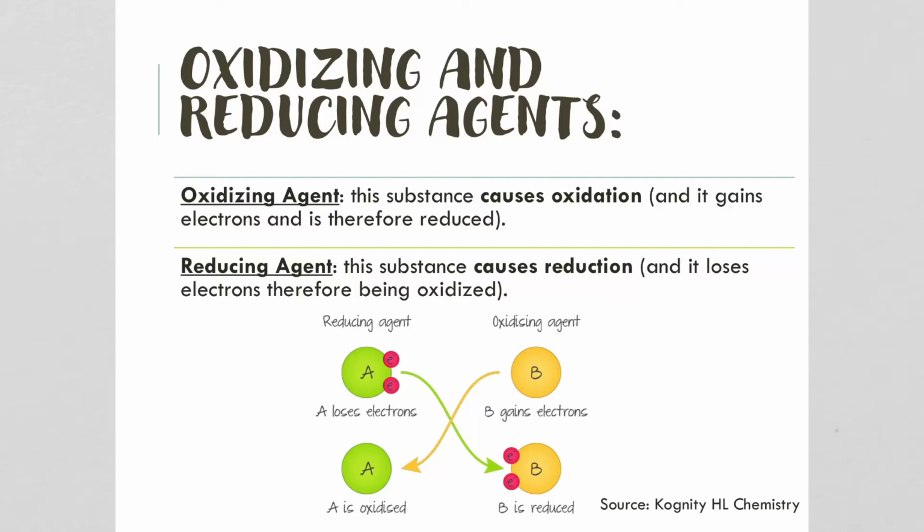So it's losing electrons and becoming oxidized. If we take a look here, this reducing agent is losing electrons, so it's being oxidized. And then the oxidizing agent is gaining electrons and it becomes reduced. So B is reduced and A is oxidized.